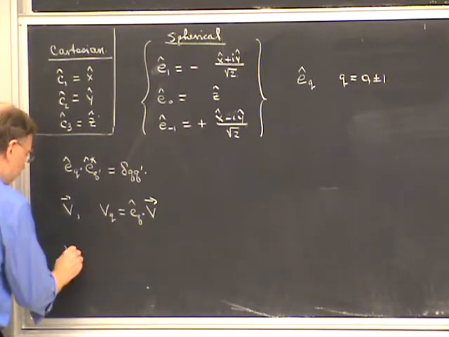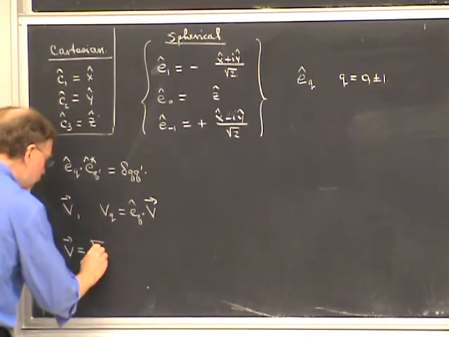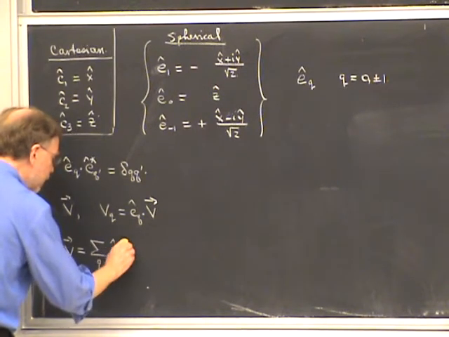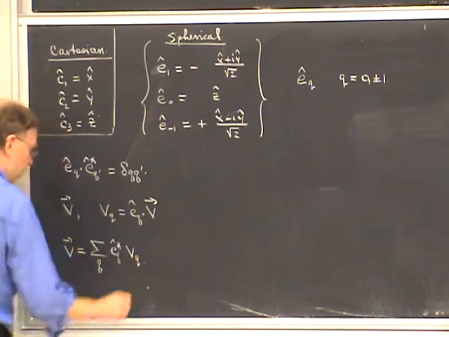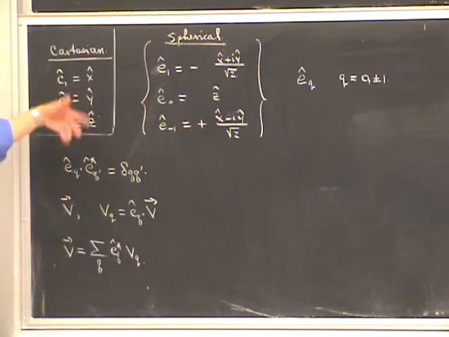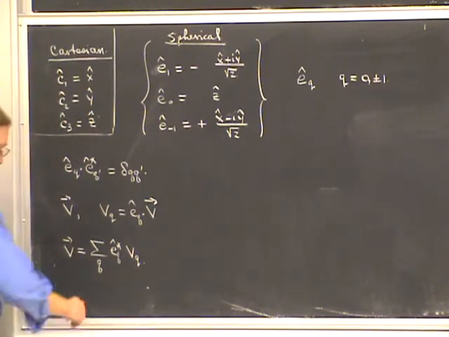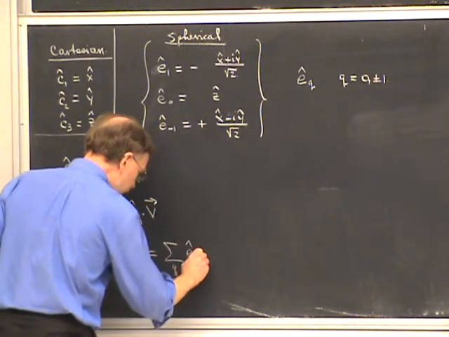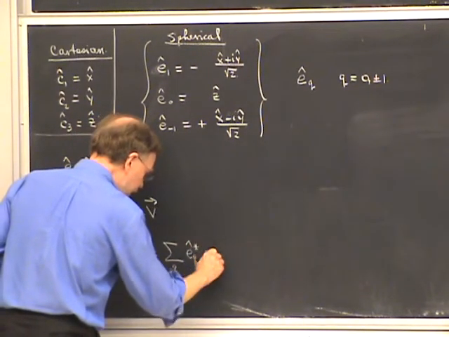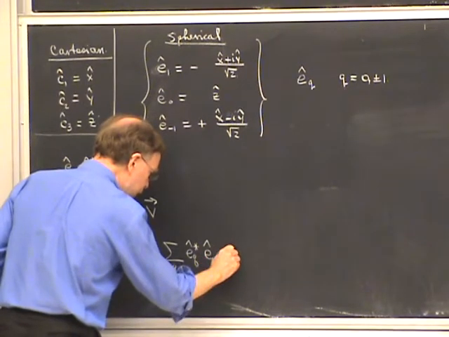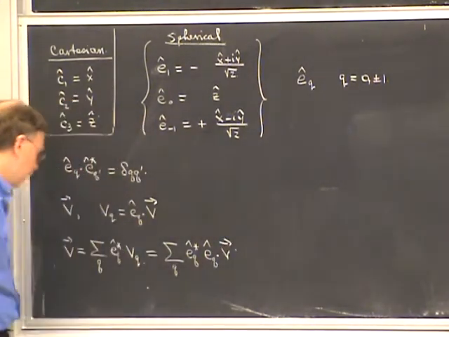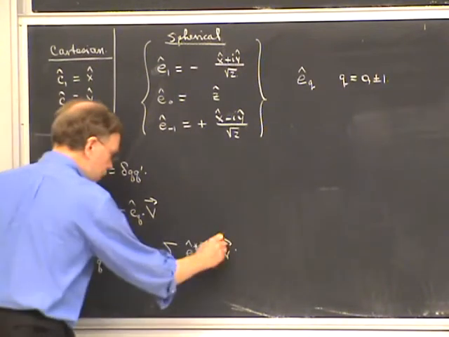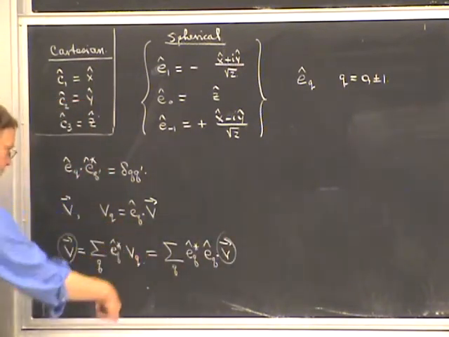Then it turns out the vector V can be represented as a linear combination of the vectors E_q complex conjugated with coefficients which are V_q. You can verify that directly just by plugging this in. But that's the same thing then as the sum on q of E hat q complex conjugated multiplied times E hat q dotted into the original vector V. And since the original vector V here is arbitrary, you can cancel it from both sides.